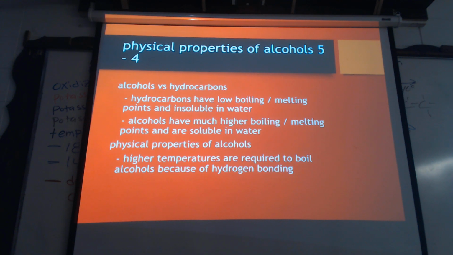Well, it's more the identification purposes more than anything else, for our purposes. Because that hydrogen bonding is so strong, it really causes that boiling point to be so much higher.